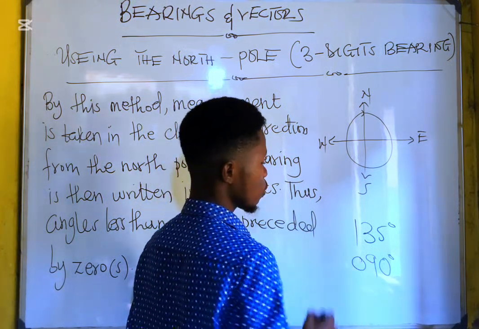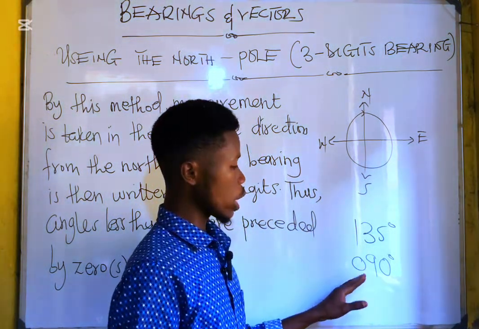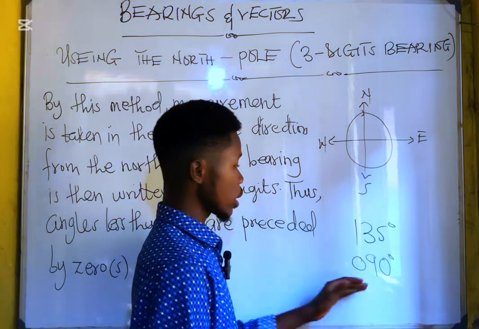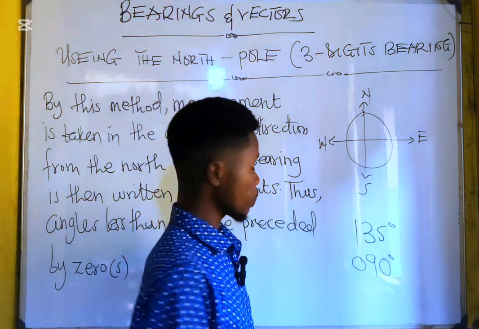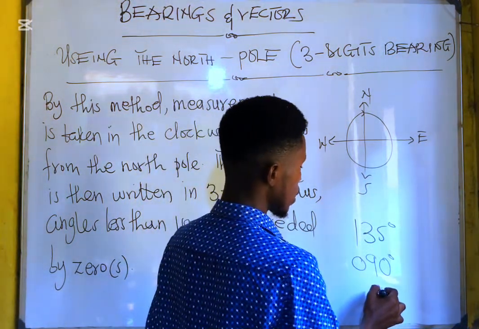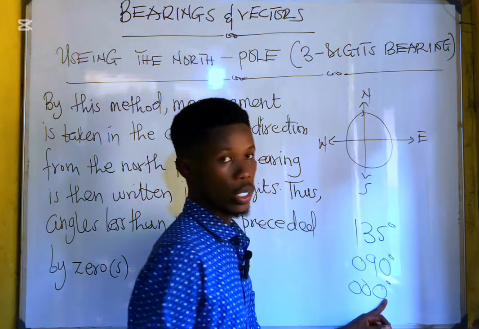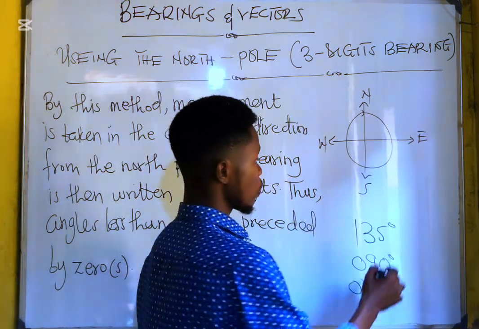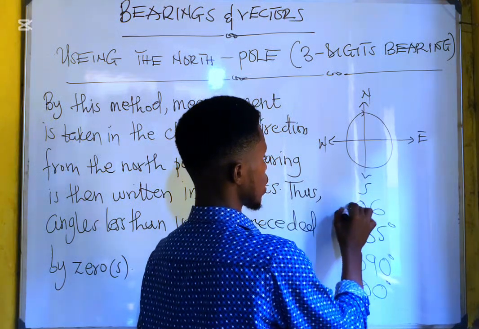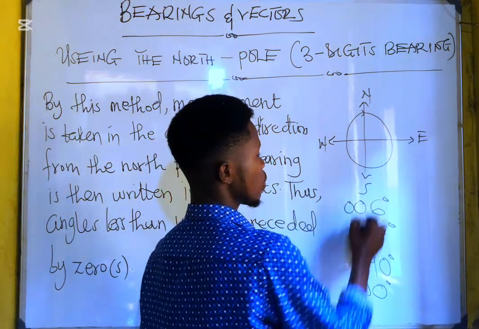It should be in the form of 090 degrees. If I have 0 degrees, it should be written as 000 degrees. If I have 6 degrees, it should be written as 006 degrees.